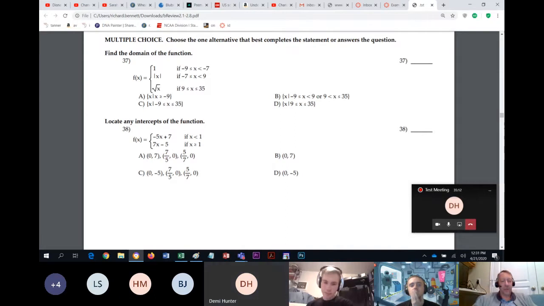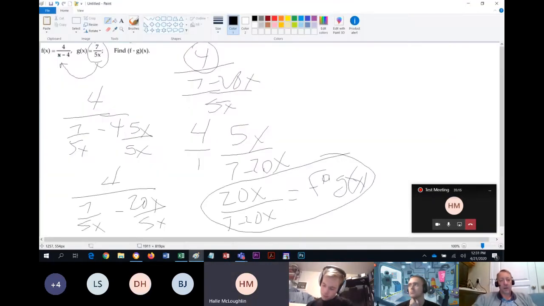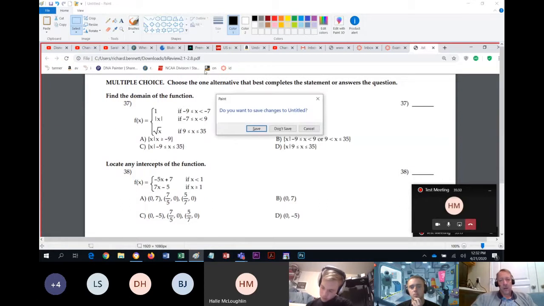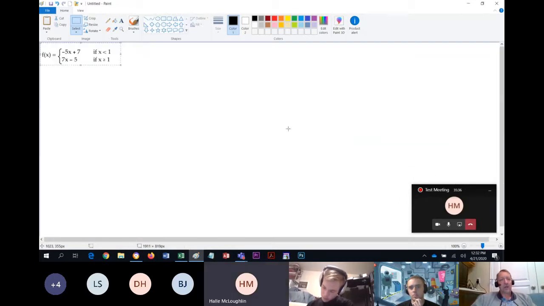Okay, so here I'm going to do this. So we got a nice clean sheet here, and it says find the intercepts.